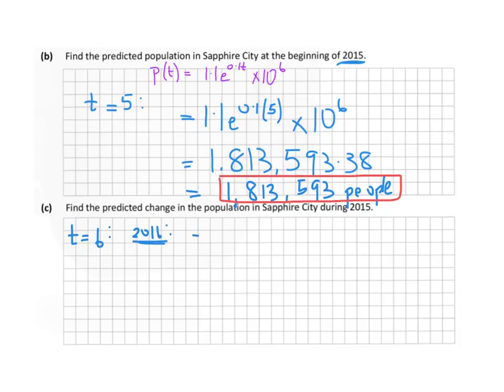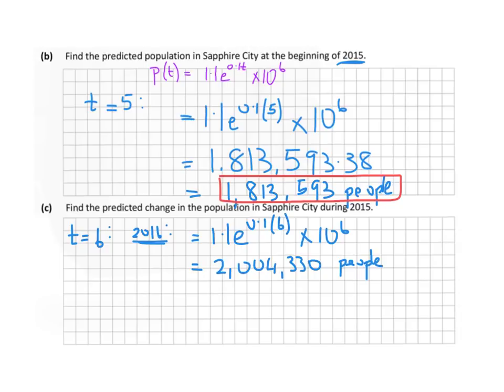1.1 e to the power of 0.1 times 6 multiplied by 10 to the power of 6, which gives me a population of 2,004,330 people. Again, rounding down because we can't have parts of people.